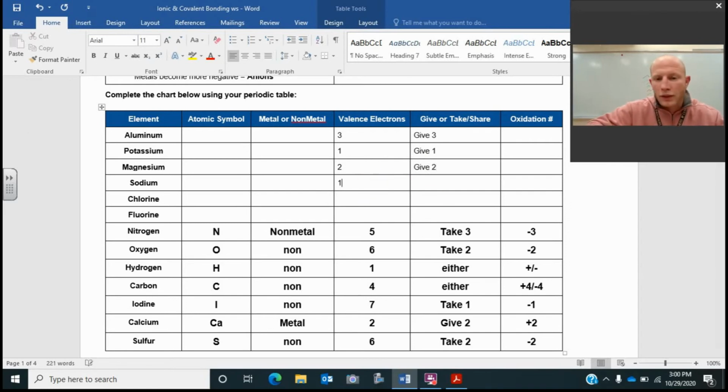That has 1 valence electron and will give that 1 valence electron up. So our metals will become positively charged ions, right? Positive 3, positive 1, positive 2, positive 1, because he's giving away that negative.